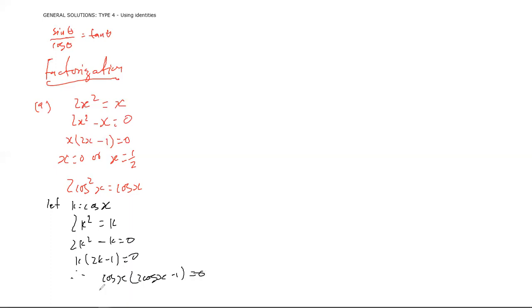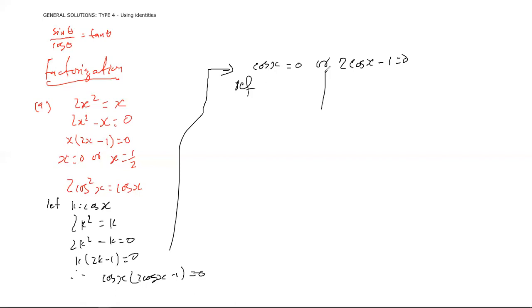From here, you can get the general solution. You know that cos x is 0 or 2 cos x minus 1 is 0. For cos x equals 0, your reference angle is 90, because cos 90 is 0.